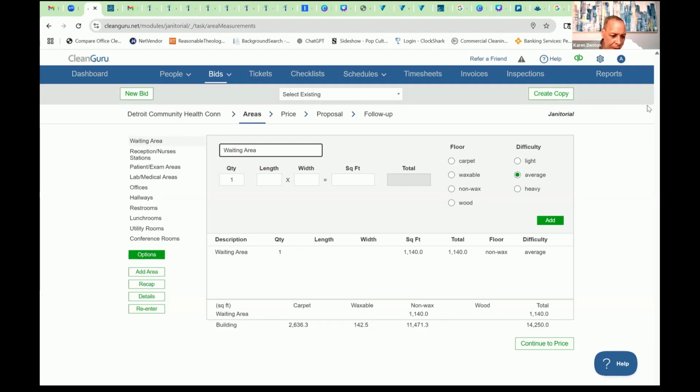Is everything over there correct? Well, I remember we were going to skip that part, so I didn't put anything in this area yet. No, I didn't ask you to put nothing in there. We're talking about areas, we ain't talking about square footage. Do you have to do a conference room, a lunch room, office, a lab area, a patient area? Everything over there. Yep, everything listed is over here.